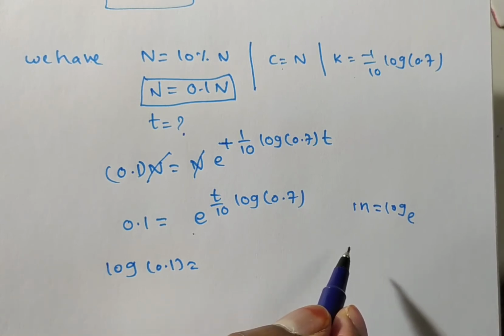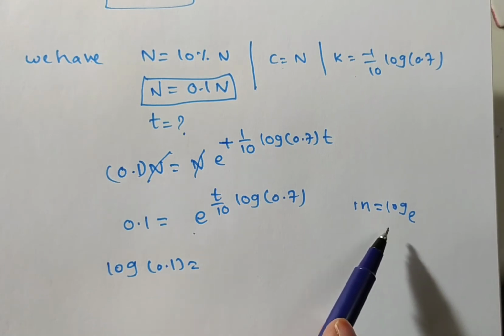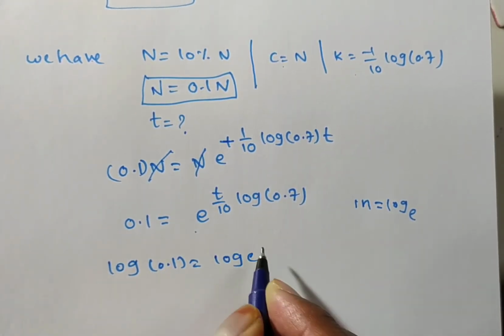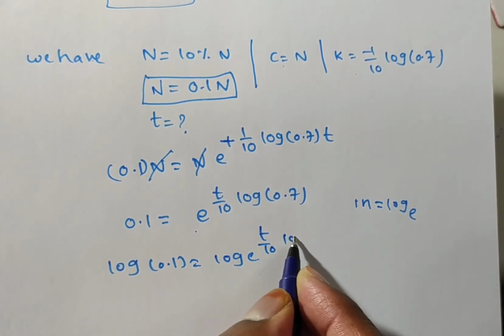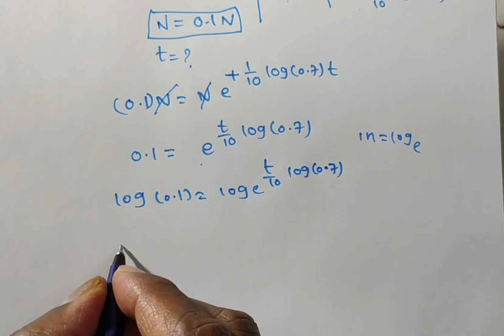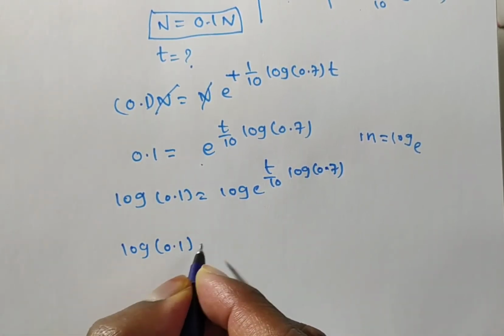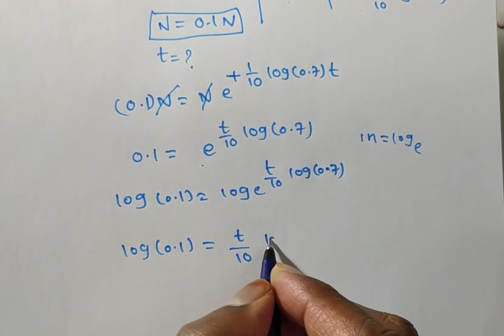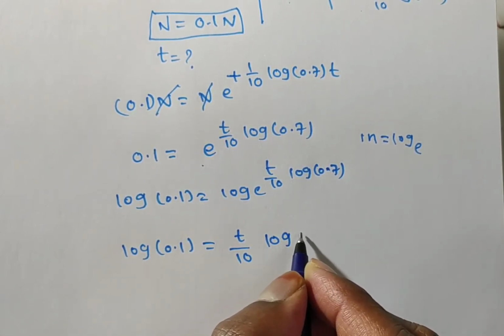If I want to write log 2, log 3, log 10, I can write them. If no base is written, it is the natural logarithm only. Now, this is log of e to the power of t by 10 log of 0.7. So log of 0.1 is equal to, and this e gets cancelled, then you will have t by 10 times log 0.7.